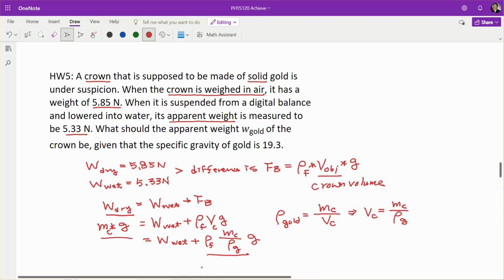They have the MC times G. Then I can represent the wet weight as equal to MC times G times 1 minus the rho of fluid divided by rho of the gold.